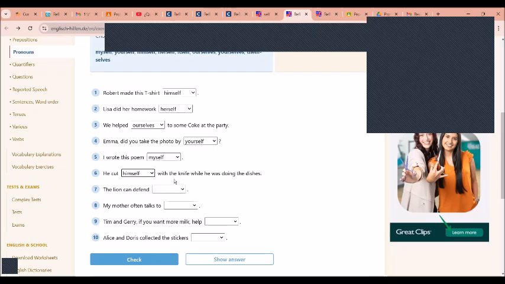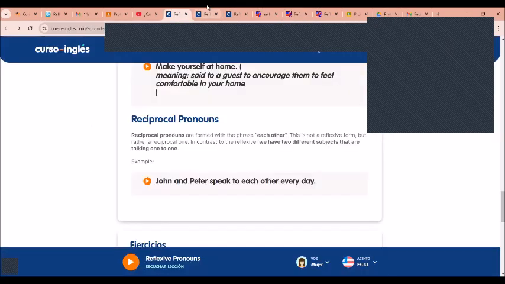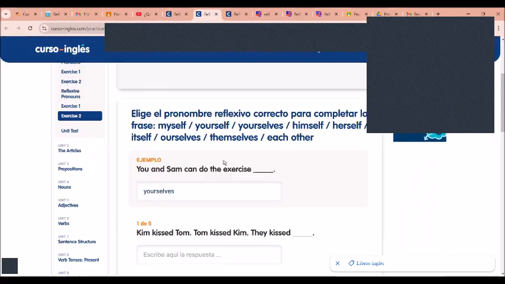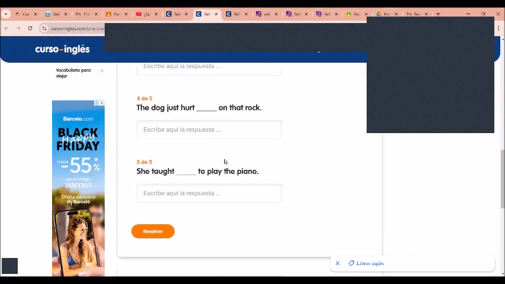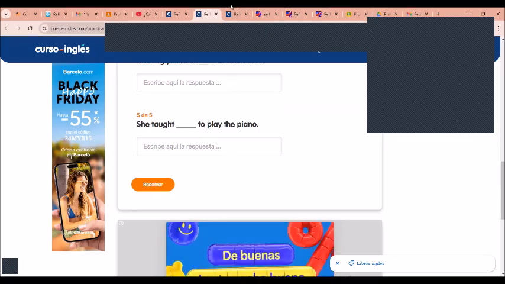Veronica, number 7. The lion can defend itself. Correct. All right. Now, there are 2 activities in this one. They're very easy. Just try to practice them as well to give yourself some extra practice.